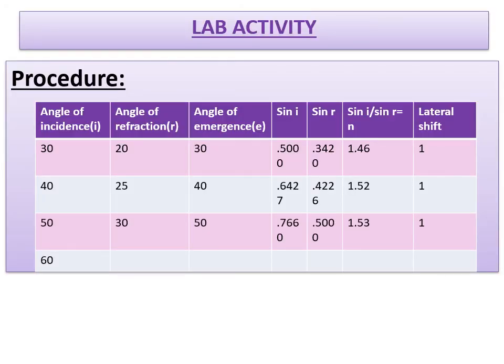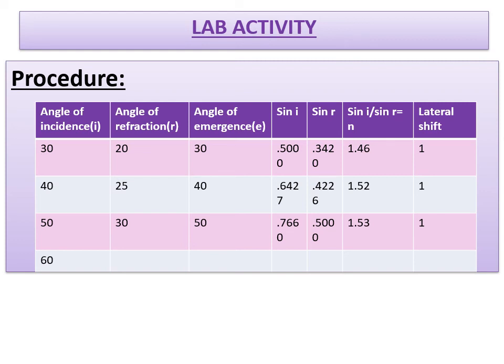So all the procedure I have explained while showing the slides, you have listened. Now after calculating everything, angle I, angle R, angle E, where angle I is the angle of incidence, angle R is the angle of refraction, and angle E is the angle of emergence. For that I have to calculate sin I and sin R. For the refractive index, you know N is equal to sin I by sin R. And one more point is to find the lateral shift also.